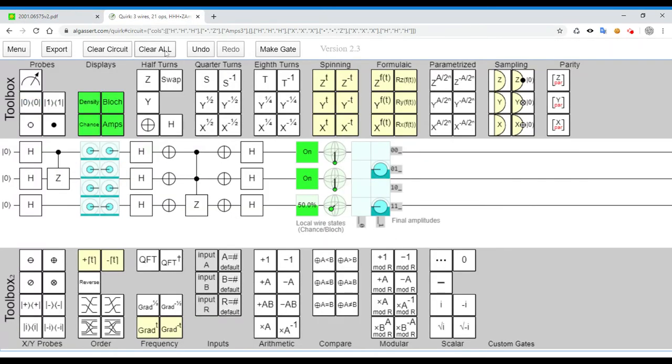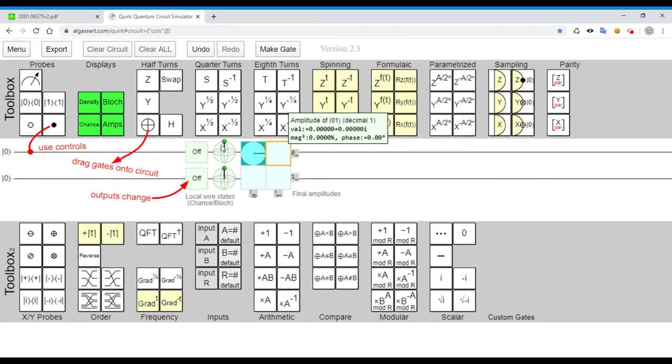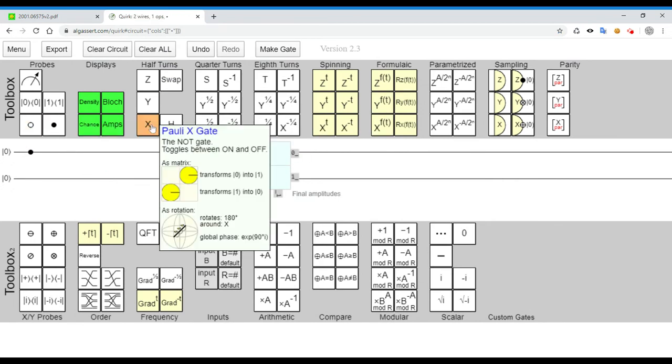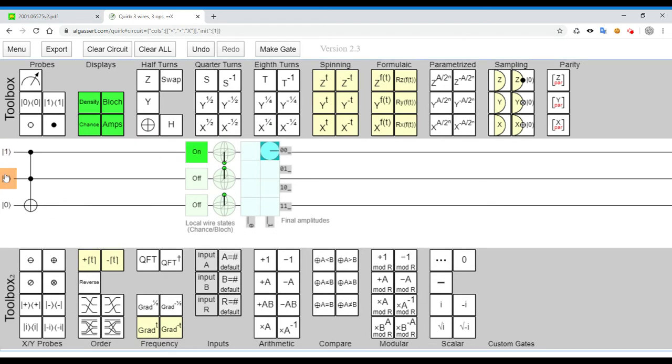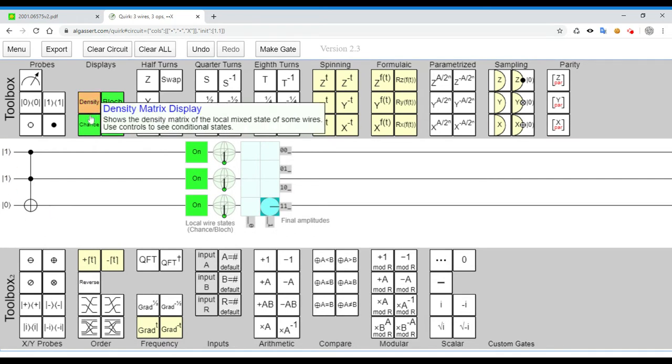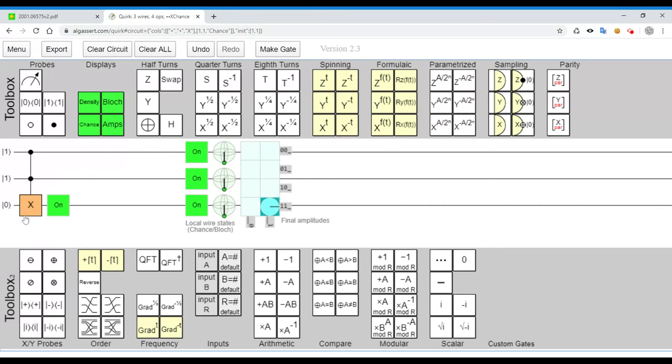I'm gonna clear this out, clear all. So the Toffoli gate is basically this, right? So what you wanna do is have this effect of, when these are both on, then the chance of this being on is also 1. So that's one case. That's the simplest way to explain that.